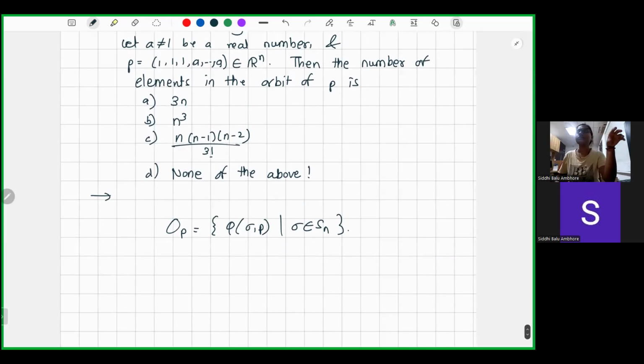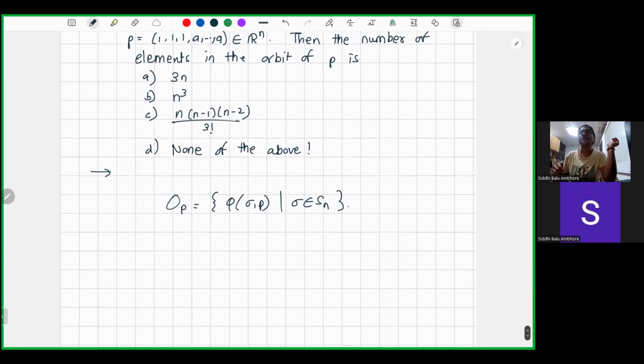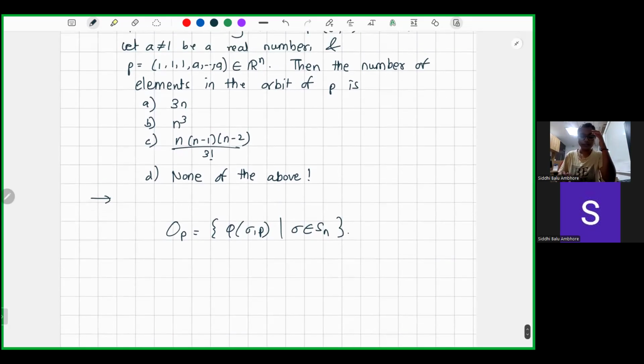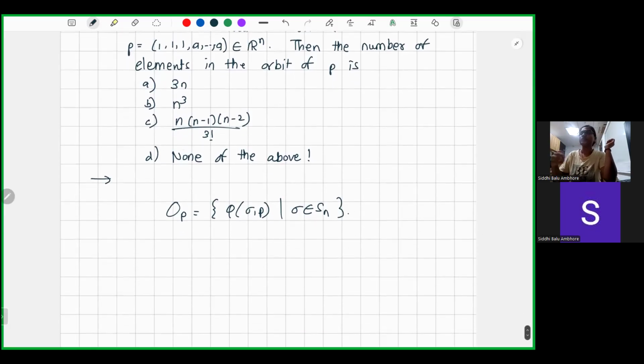So let us try to see this using a simple example. For example, let us do it for S4. Let P be this (1, 1, 1, A). That's it.